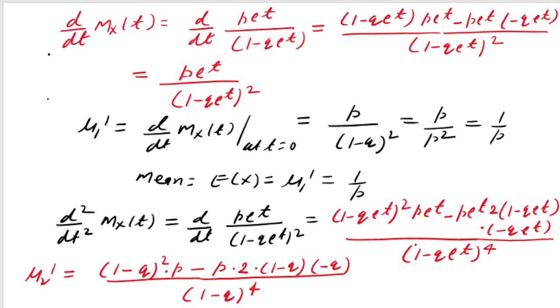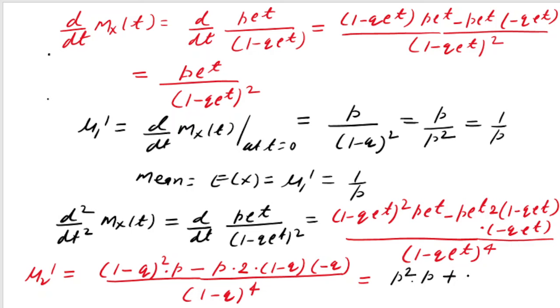Now I can write one final step here. So what I'm getting is (1 minus q) square. Let me change the color to avoid any confusion. We will be getting 1 minus q is p, so p square and into p, and this minus and this minus will make it plus.